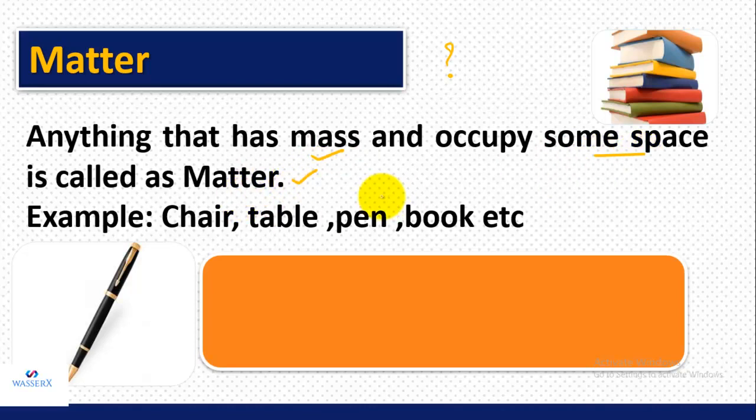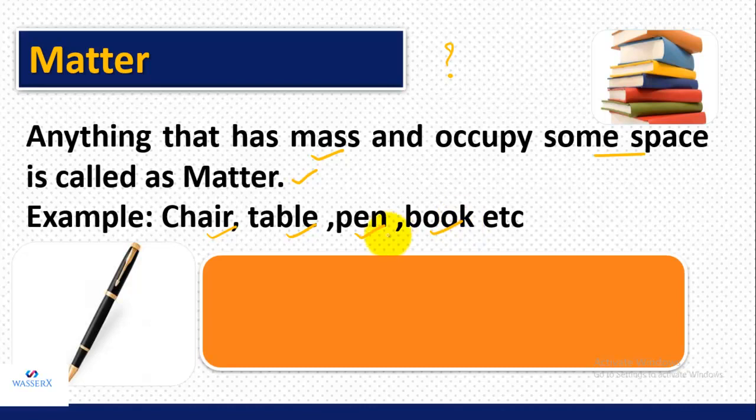As you all know, we have air surrounding us. So is air a matter or not? Yes, air is also matter because it also occupies space and it also possesses mass. So chair, table, pen, book, everything that surrounds us which occupies space and has mass is called matter.